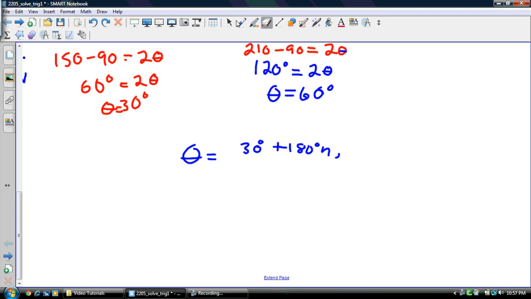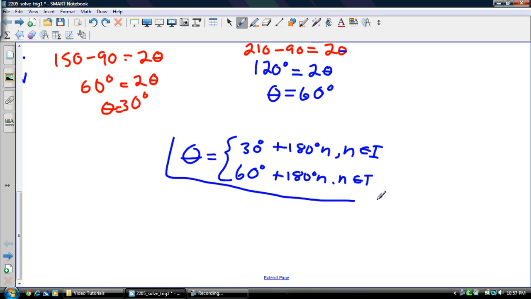Okay? And we go 60 plus 180 degrees n, n belongs to integers. And we put our curly brackets in here. And this is our final solution.